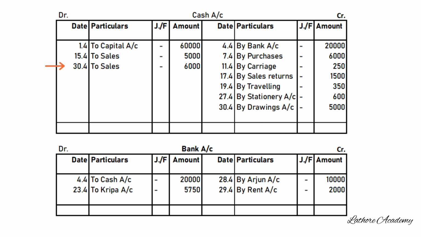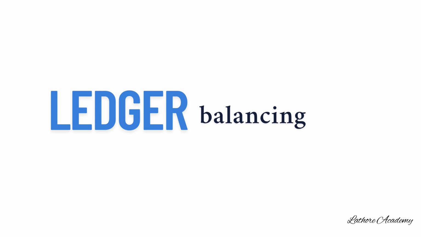Students, we have posted all the transactions into the respective ledgers, and the next step is ledger balancing. As you remember, we have to compare both the totals and write the highest total on both sides, and at the shortfall we have to write the balancing figure as balance carried down.